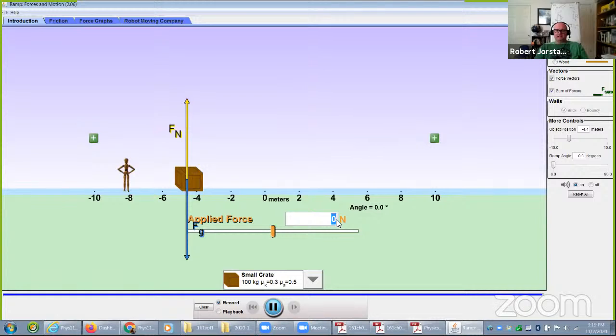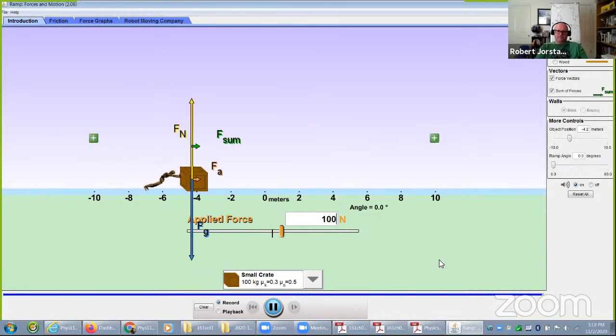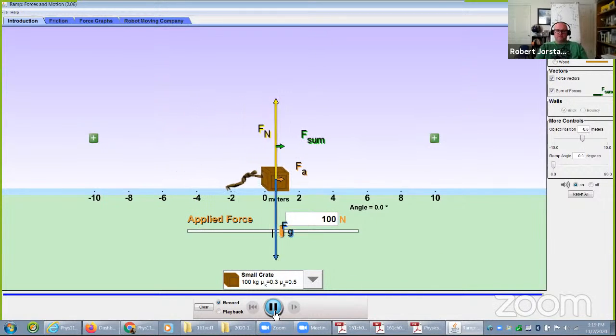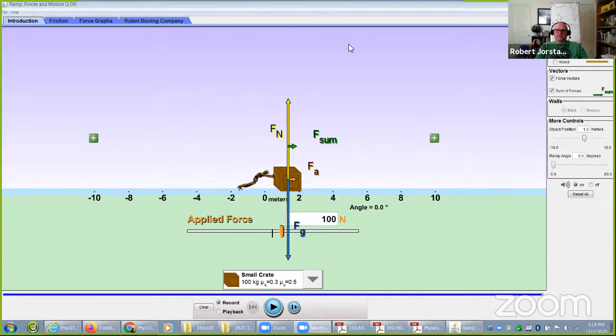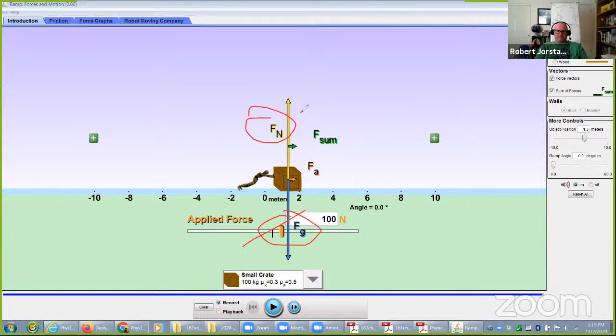The idea here is, if I start pushing on this thing with 100 newtons, notice if I pause this, right now, this normal force and the force due to gravity balance because we're on a level surface. So notice the force applied is actually equal to the sum. Because these two cancel, there's only one force left.